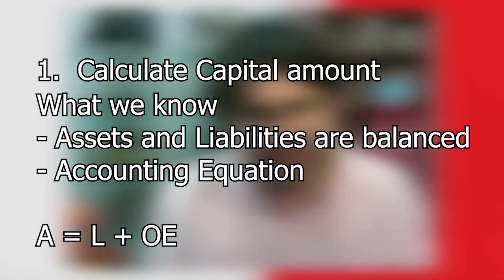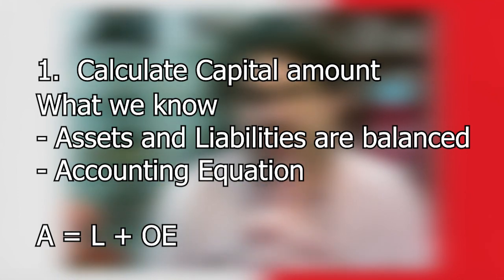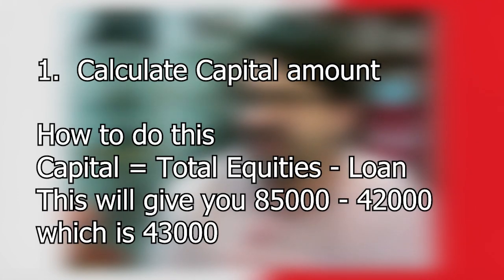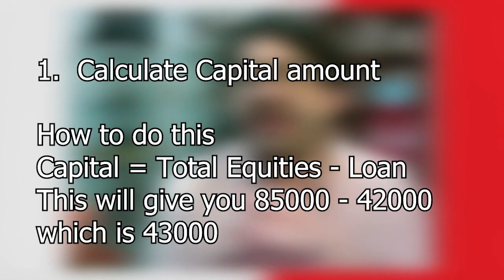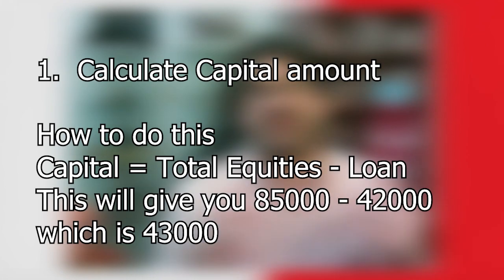Quite simply, we know loan plus capital equals equities, so you can change that to capital equals equities minus loan, and you would get 85,000 minus 42,000 gives you 43,000. So on your paper, in that question mark, you would write 43,000.